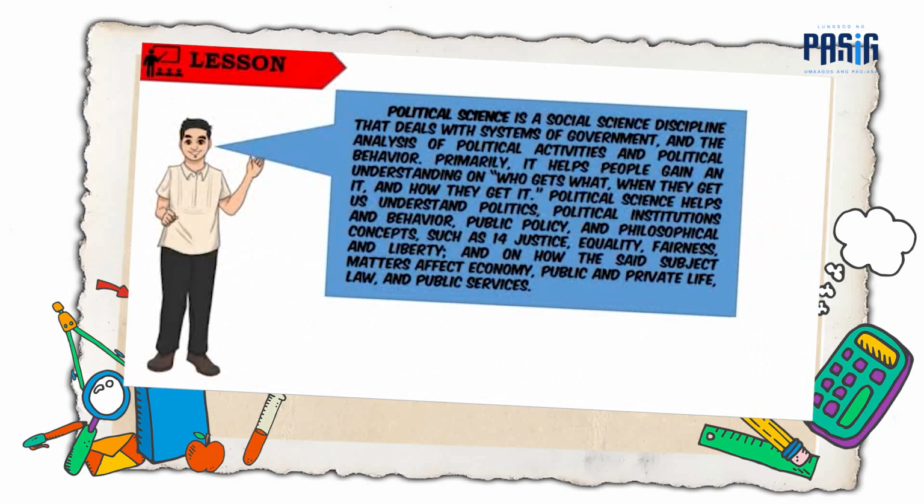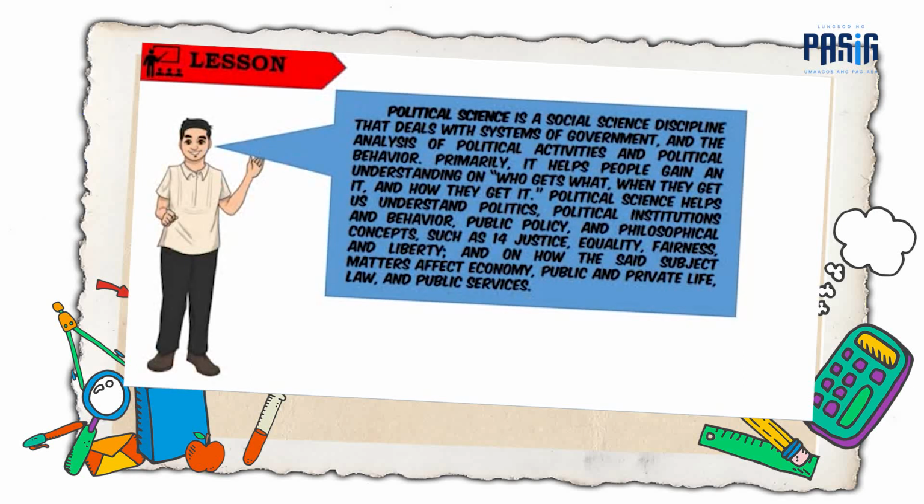Political science is a social science discipline that deals with systems of government and the analysis of political activities and political behavior. Primarily, it helps people gain an understanding of who gets what, when they get it, and how they get it.